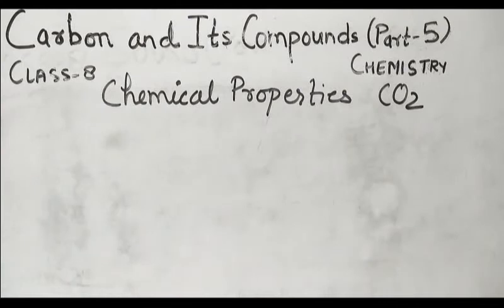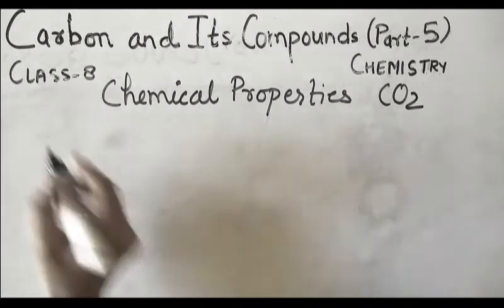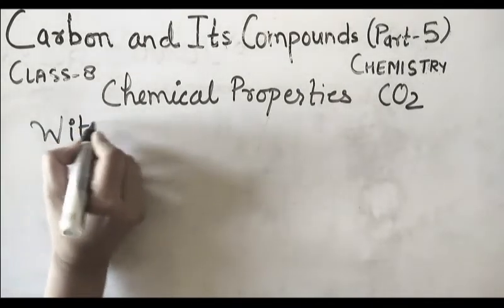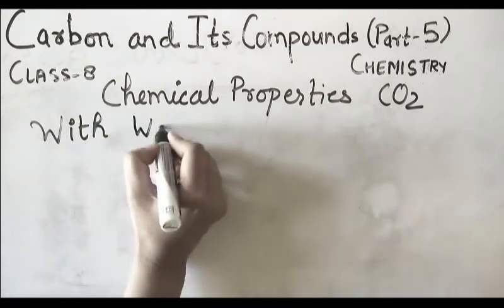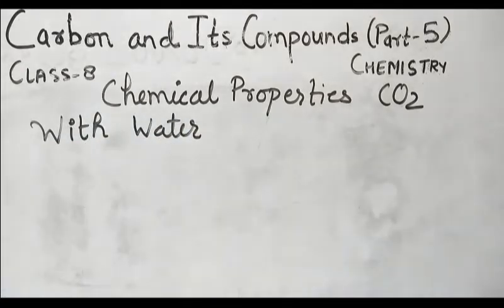Now let us see the reaction of carbon dioxide with water, how it will react with the water. So when carbon dioxide reacts with water, as I told you, it is slightly acidic in nature.